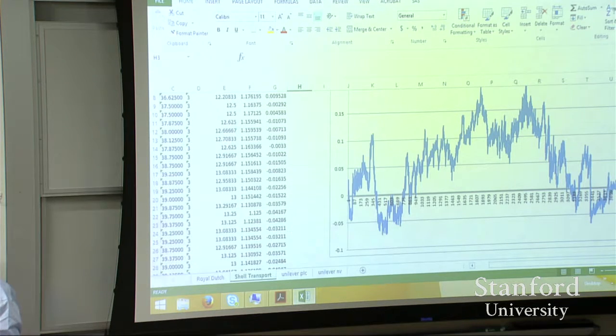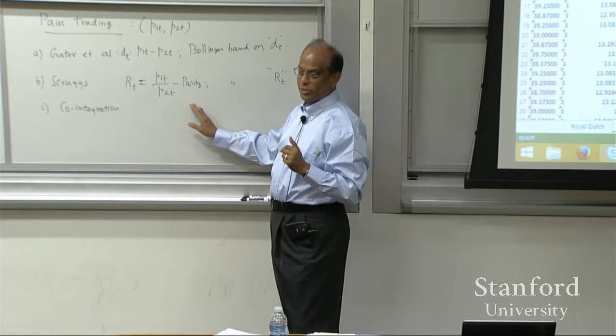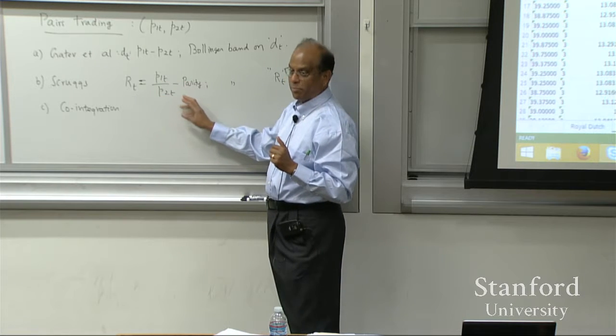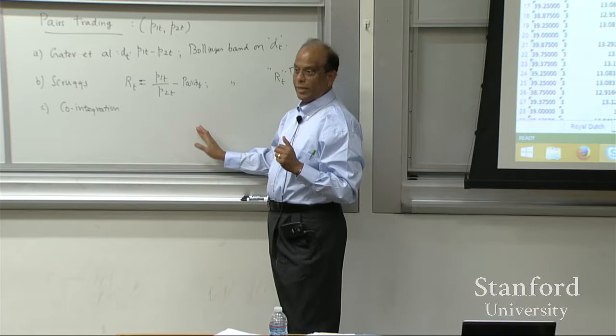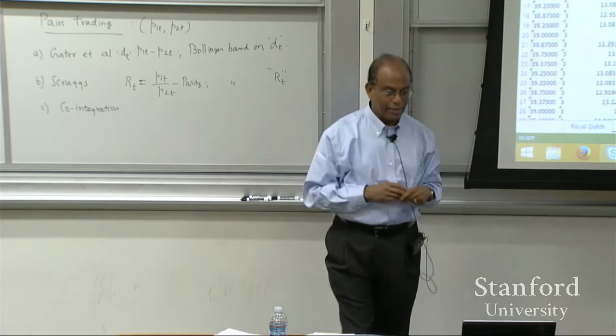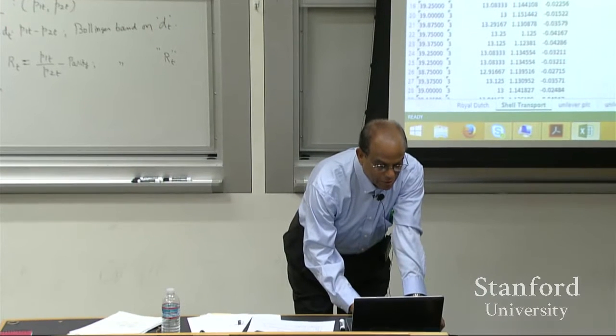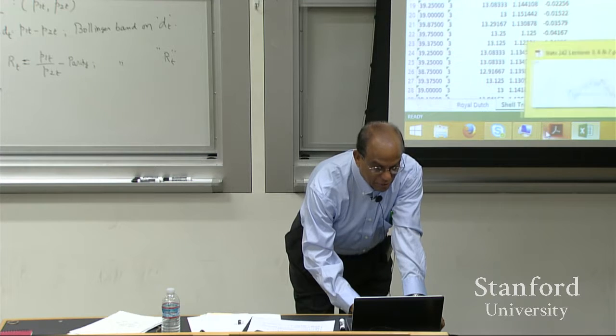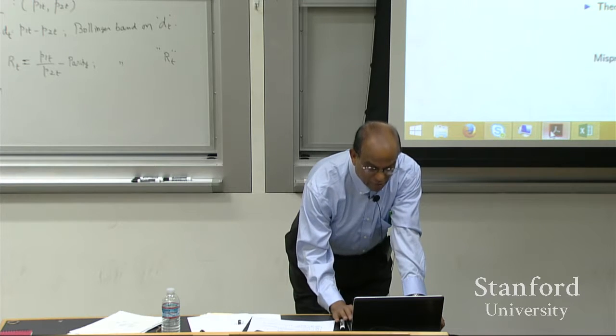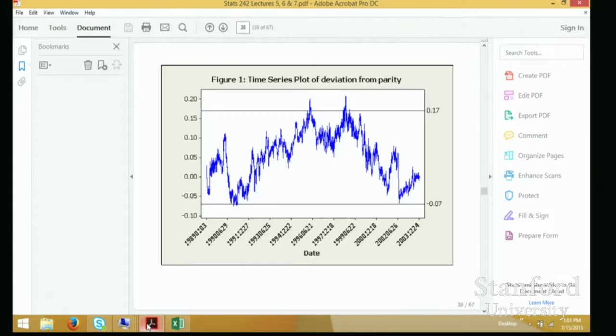I compute R of t, which is nothing but observed parity minus expected parity, then look at the standard deviation of that, and construct 2 standard deviation limits. That is what is given in the graph that I posted. So these are 2 standard deviation limits.